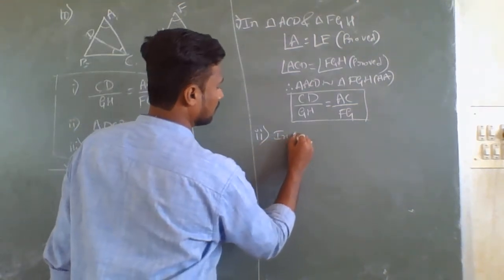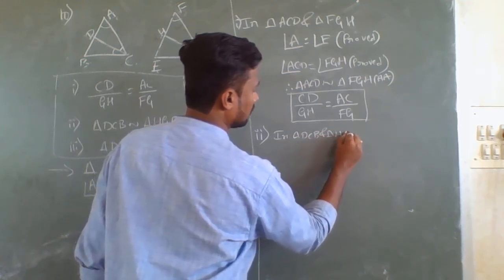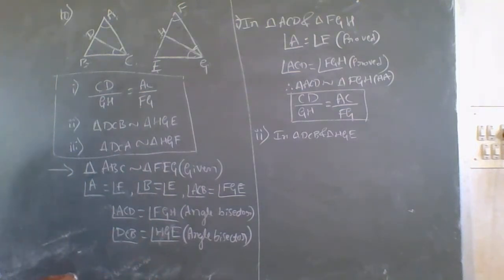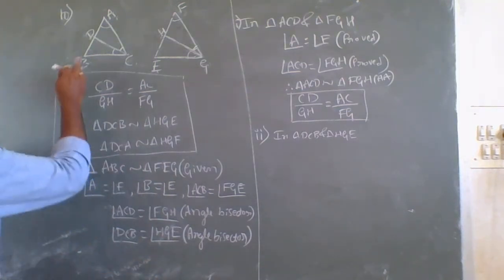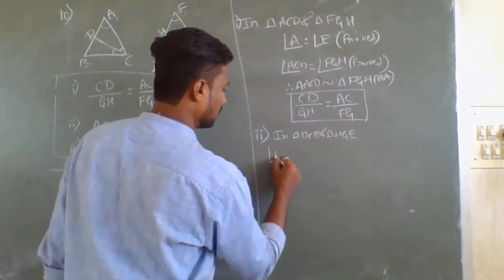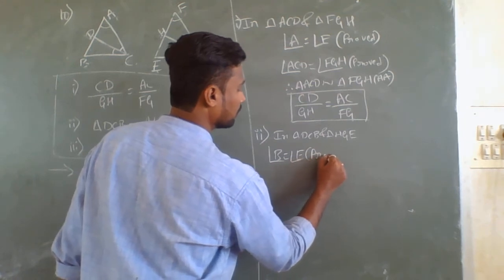In triangle DCB and triangle HGE, what can we write here? We know that angle B is equal to angle E. Here we proved angle B is equal to angle E. This is proved.